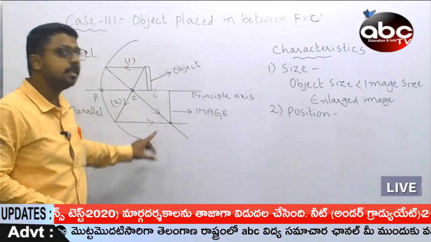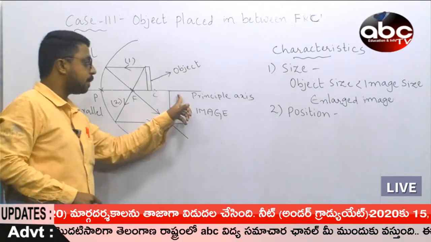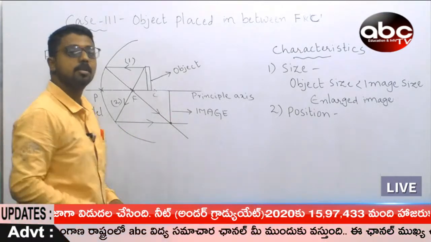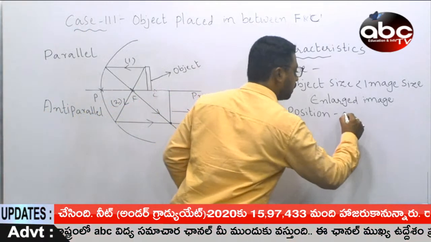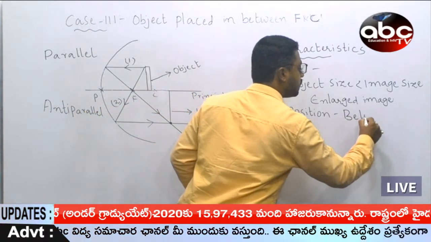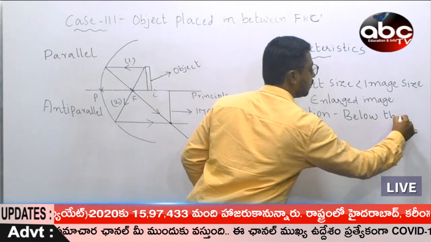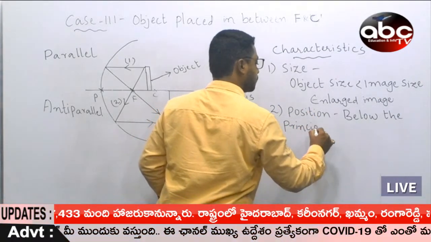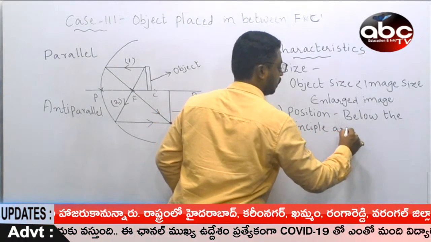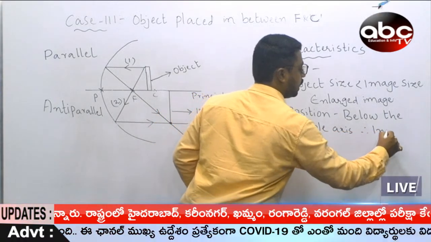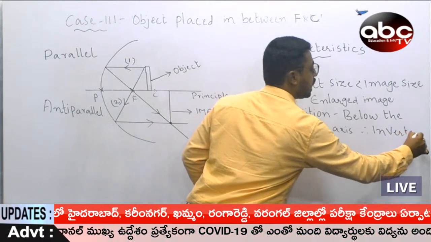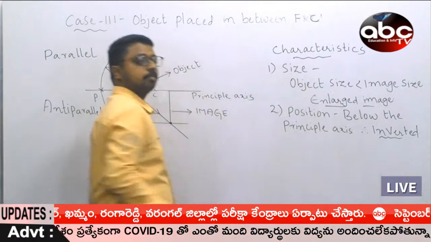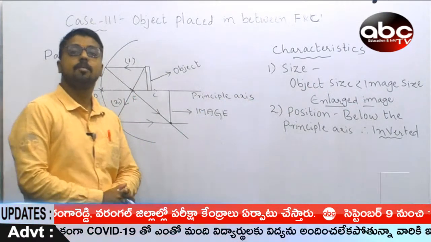So what do we call it? Position is nothing but below the principal axis. Therefore, it is inverted. It forms an inverted image here.